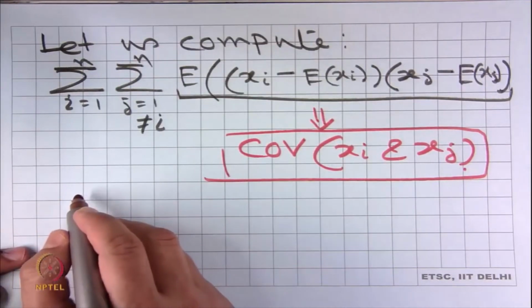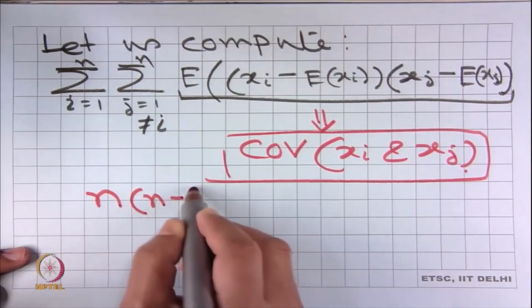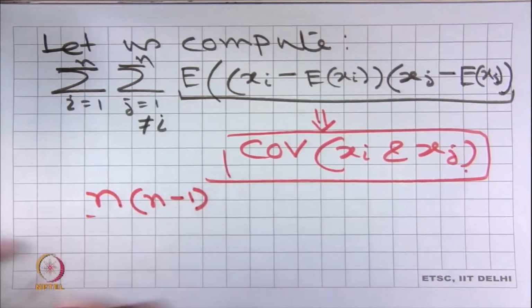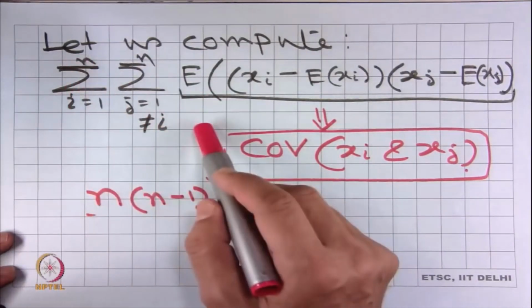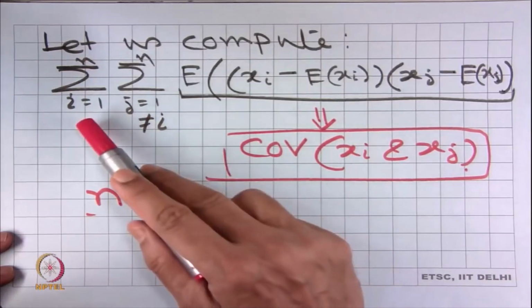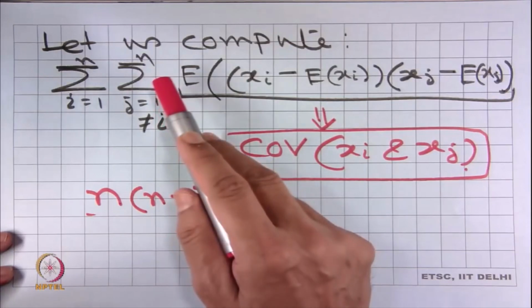The number of pairs is n into n minus 1, because i can take all the values from 1 to n, and corresponding to each i, j can take the other remaining n minus 1 values.